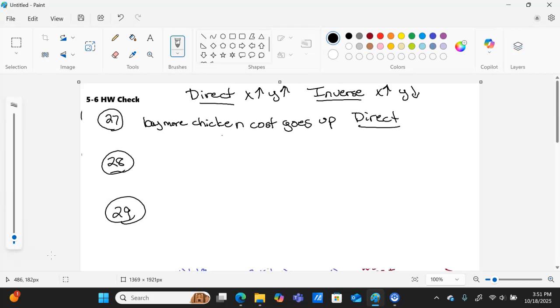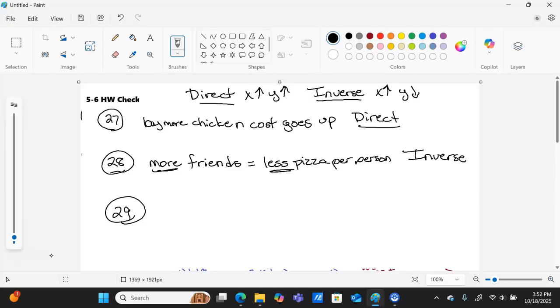Number 28. An 8-slice pizza is shared equally among a group of friends. So if you have more friends, what happens to the number of pieces each person gets? Less pizza per person. That's an inverse relationship. One is going up, the other is going down. And then 29, you find the length and width of several rectangles. Each has an area of 24. So you cannot change the overall area. The overall area is length times width, and it's 24.